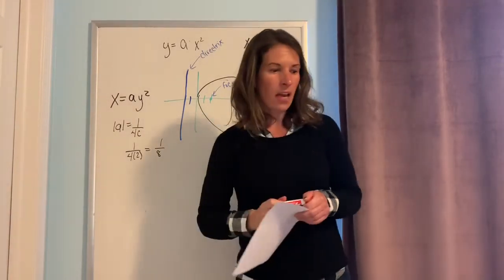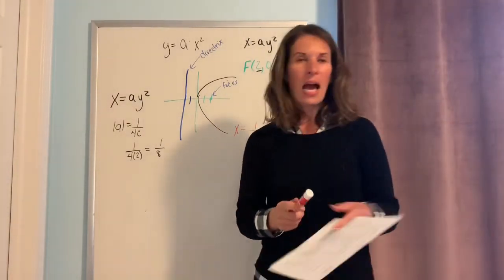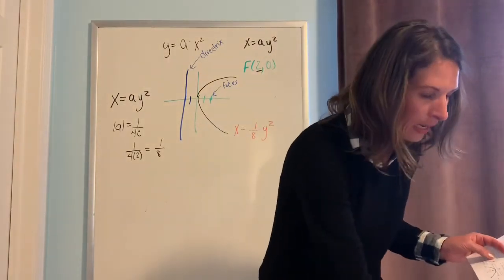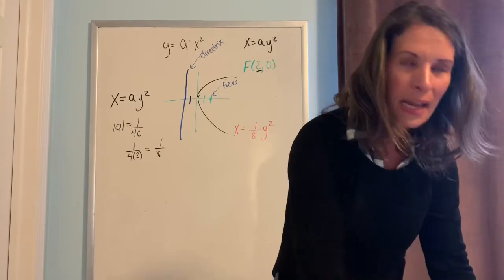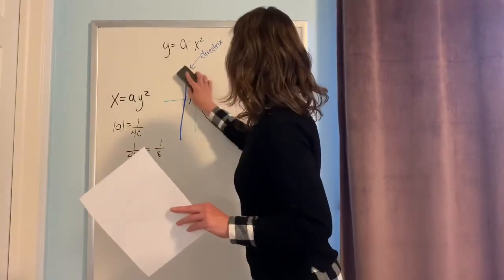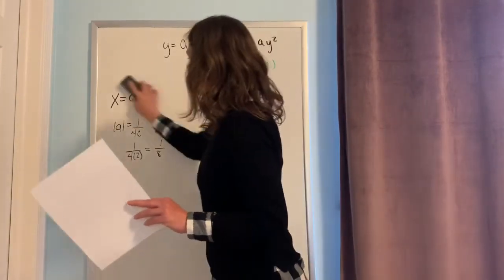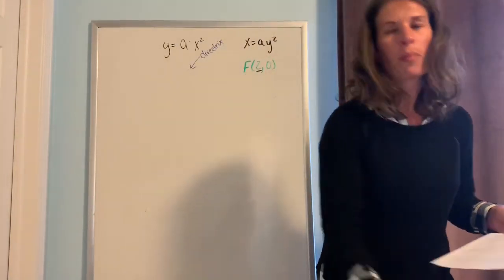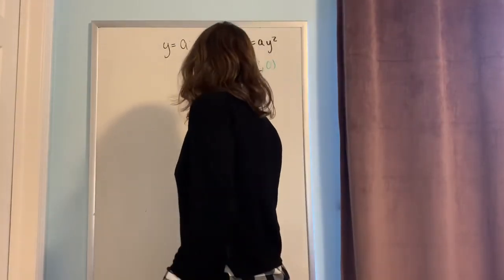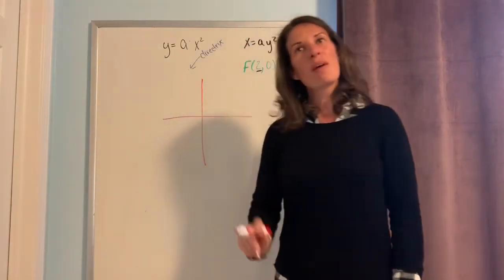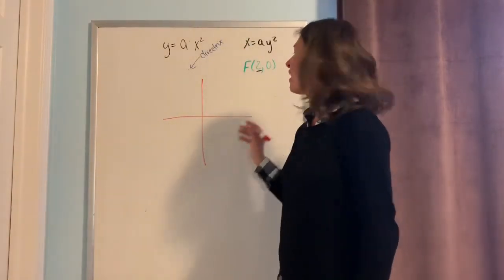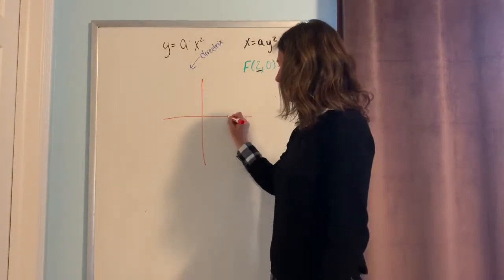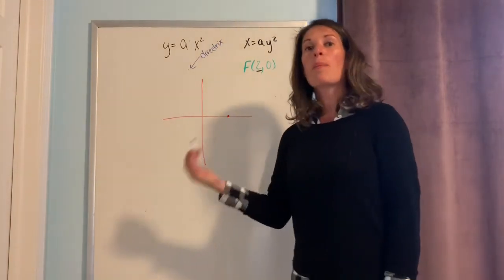Now the last thing we have to go over is how do we know if a parabola is going to be positive or negative? Because remember, our a value is the absolute value. So how do I know if it's going to be a positive or a negative parabola? Well, if my focus is on the positive x-axis, then it's going to be a positive value.